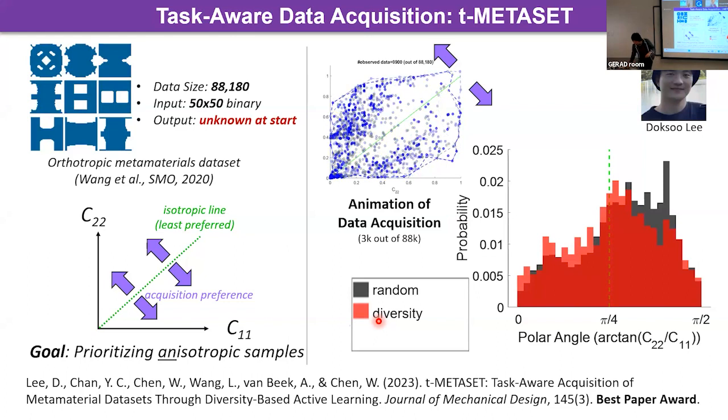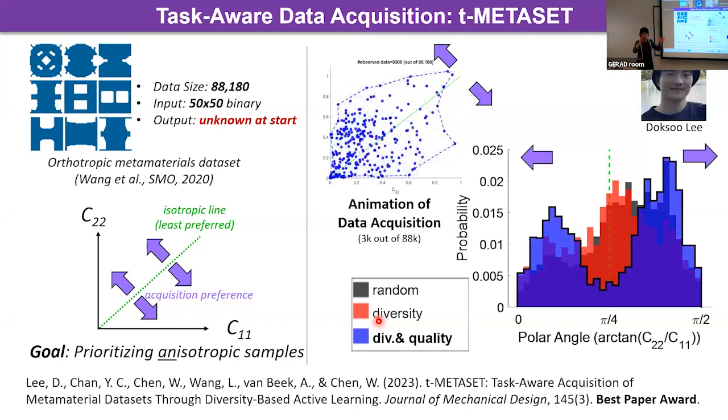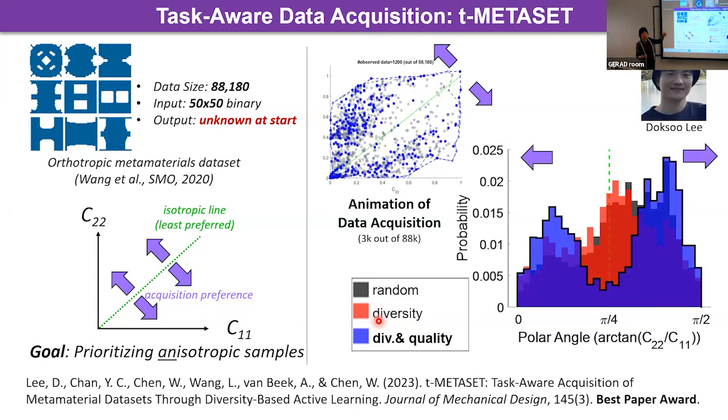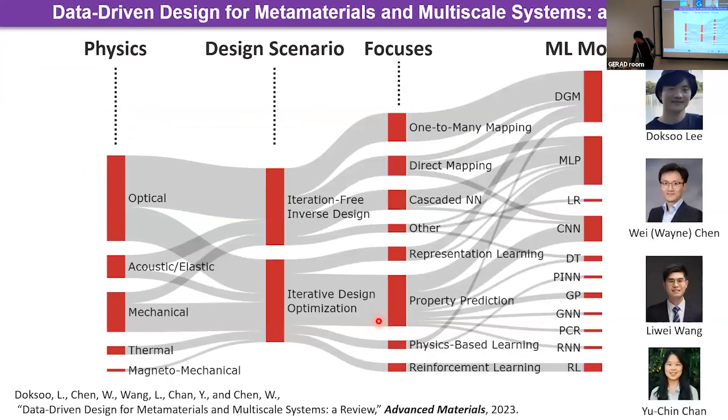Combining both the diversity and the quality metric, you can see now this is the distribution of the data. You can see two different peaks, because we want to push the data towards the two ends. Uniform sampling is never the best if you have a design goal. You want to guide the sample toward the goal. So that's one example of the work we do on the data quality issue.